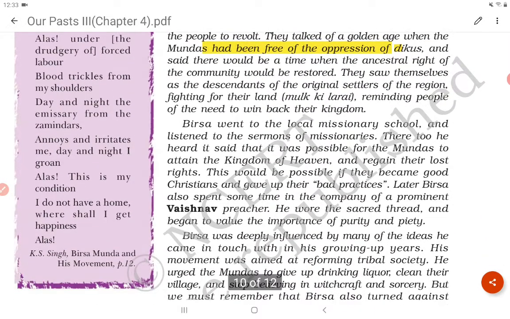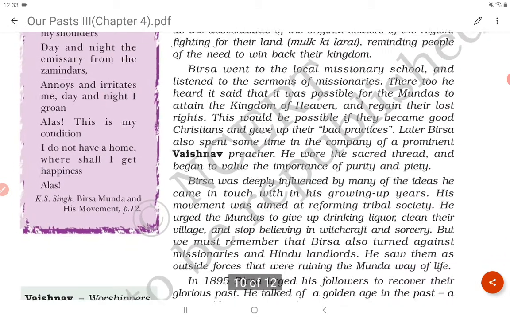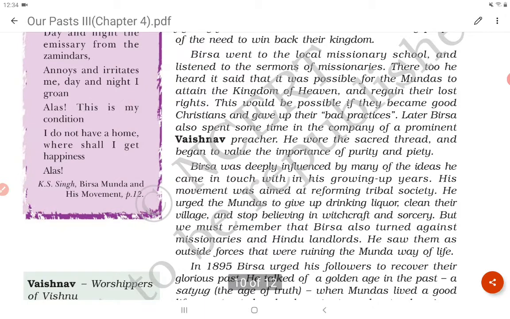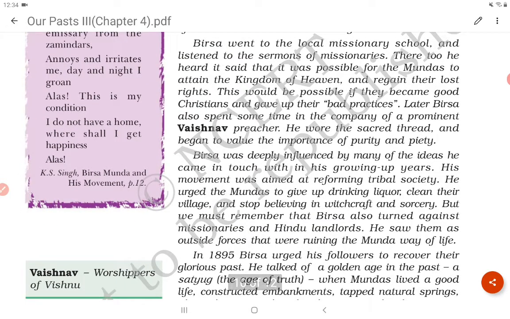Birsa went to the local missionary school and listened to the sermons of missionaries. There too he heard it said that it was possible for the Mundas to attain the kingdom of heaven and regain their lost rights. This would be possible if they became good Christians and gave up their bad practices.